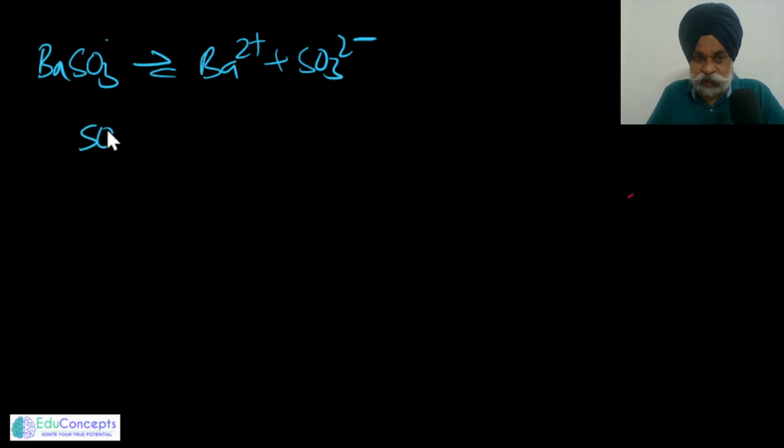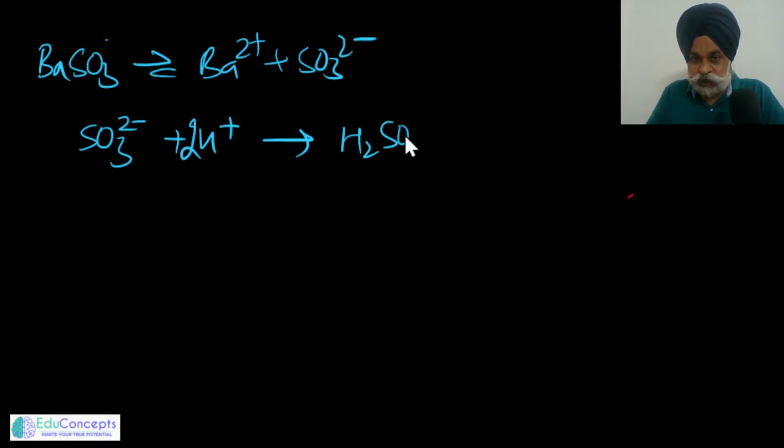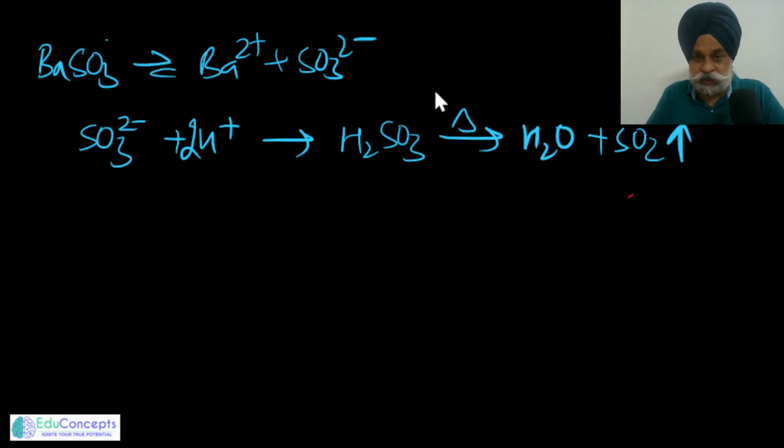If I explain the sulfite, barium sulfite breaks into Ba2+ and sulfite ion, and this sulfite ion is the conjugate base of a weak acid. So it eagerly reacts with H+ and changes into H2SO3. This acid is not very stable, and a mere heating would evolve SO2 gas.